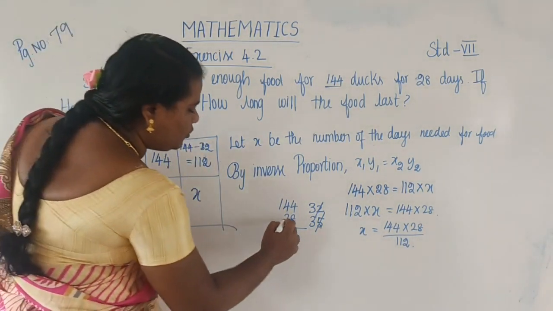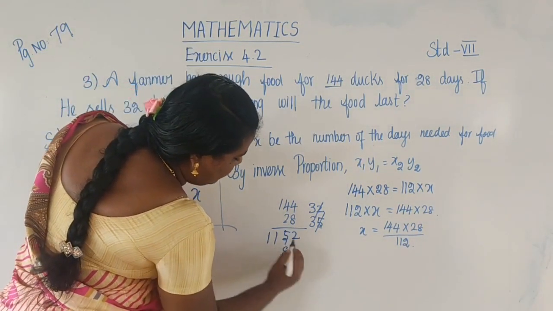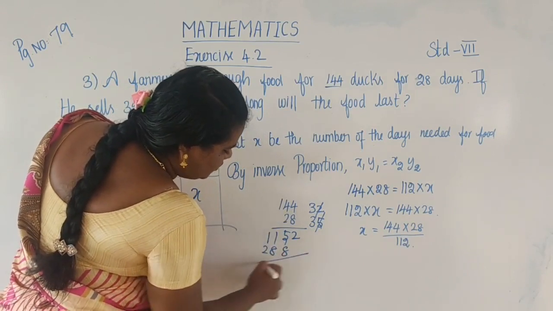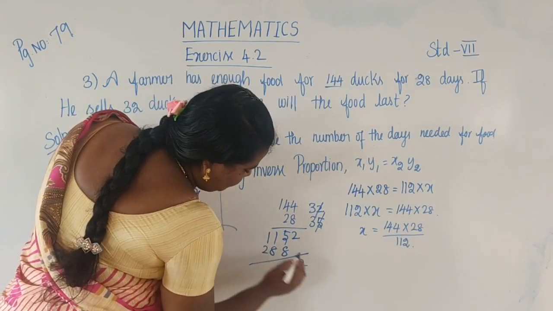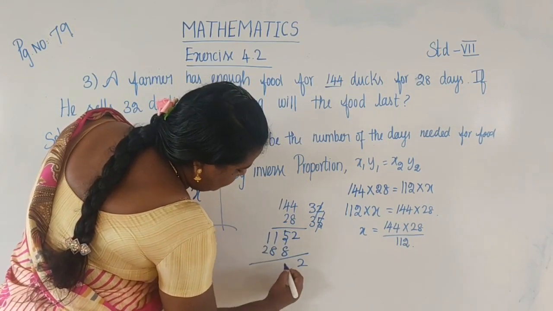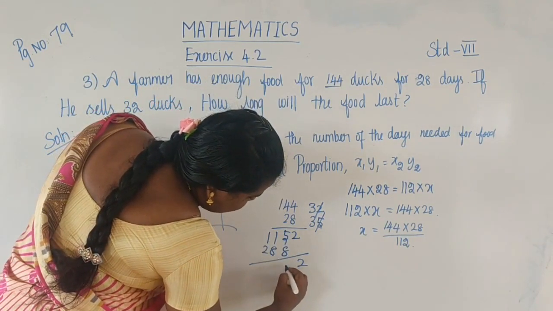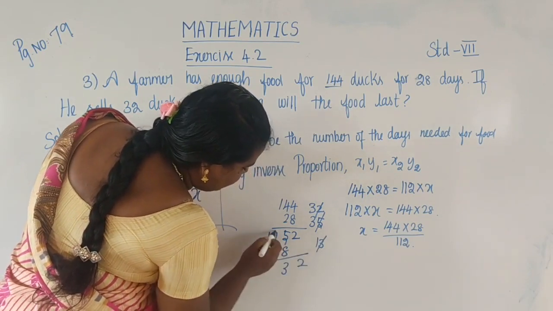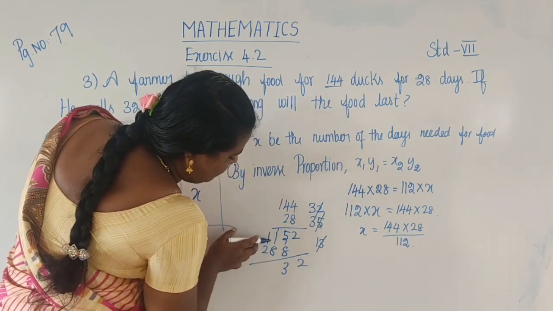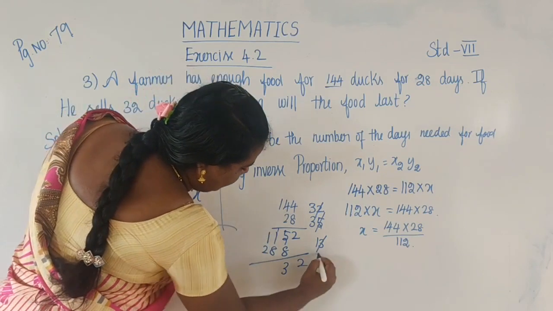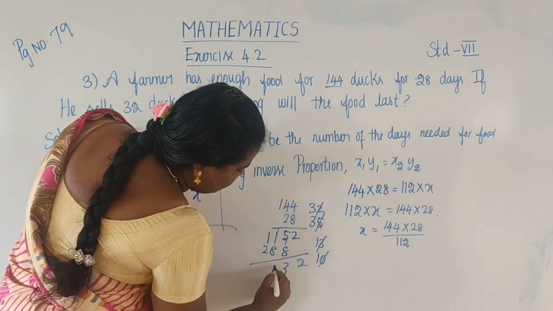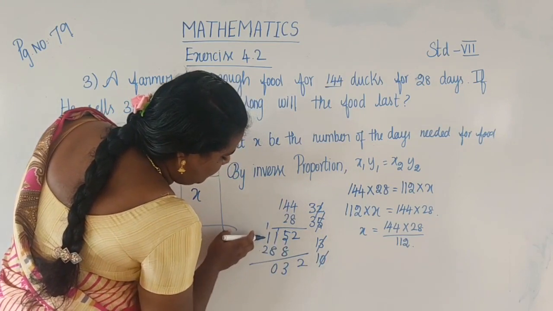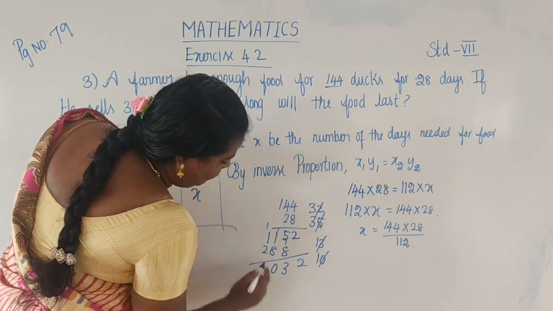So 2 4s are 8. 1 2 is 2. 5 plus 8, 13. So 3 cancel and put here, 1 is here. So 8 plus 1, 9. 9 plus 1, 10. So 0 cancel and put here, balance 1. So 2 plus 1, 3. 3 plus 1, 4.